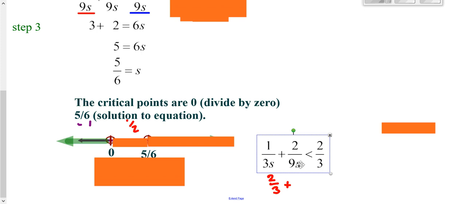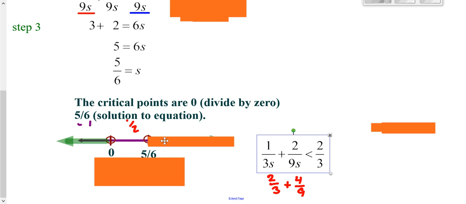Here, I'd have a 9 times a half, which is 9/2. Instead of dividing by a fraction of 9/2, I multiply by the reciprocal and I get 4/9. 2/3 plus 4/9 is obviously going to be bigger than 2/3. I need it smaller, so I tried a number in between and it doesn't work.